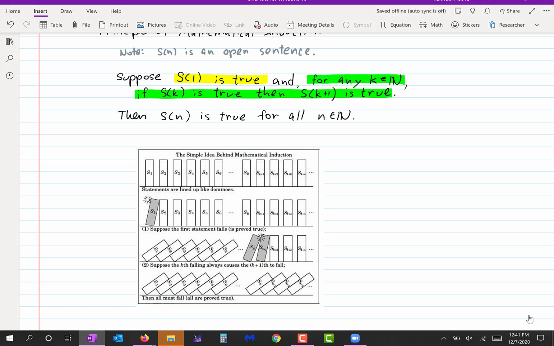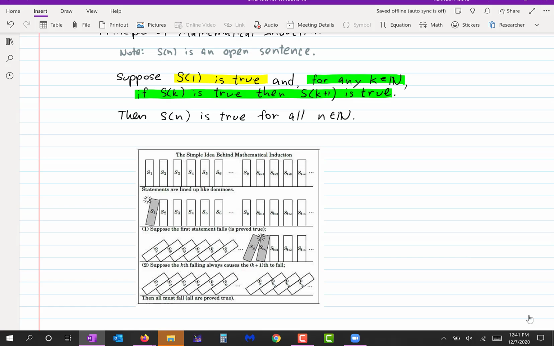But if you put those two together, if you push over the first domino yourself, that is analogous to S1 is true, and if the dominoes are all set up next to each other close enough that each domino will knock down the next one, that is analogous to the green highlighted sentence.